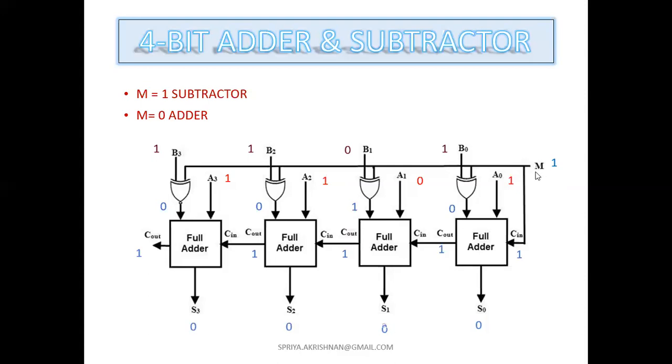If mode is 0, it will do the adder option. If mode is 1, it will do the subtractor option. Okay, it will work as a subtractor. That is the idea. Then these are my A series and these are my B series. I am giving the same data to my A and the same data to my B, simply to roughly understand the subtraction concept.